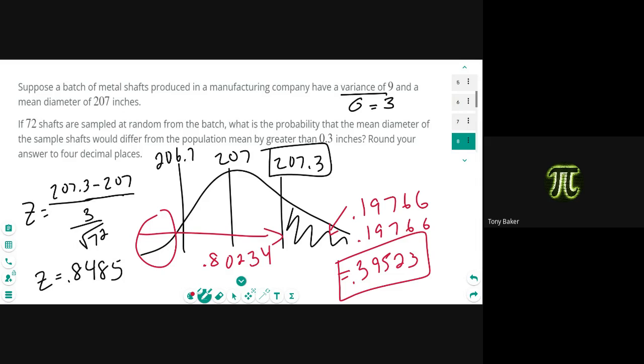So we found the Z score, which is 0.85. Found the percent, which is 0.80234. Right, but remember the percent in the table is from the left all the way over, and I want just the upper part over there. One minus it. Correct. And then I doubled it to find the bottom part down there. Because it's symmetric, it's the same on both sides. If they weren't both the same, I would have had to do different things on either one.